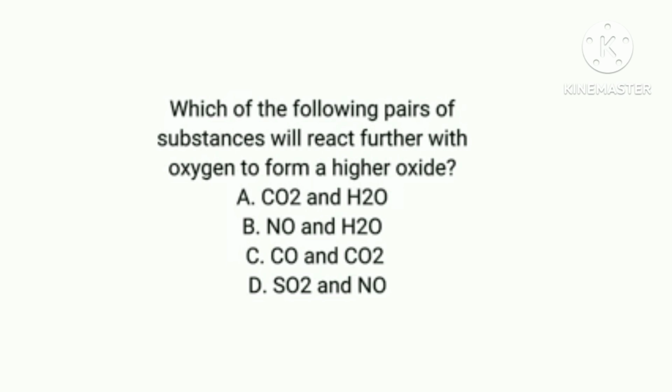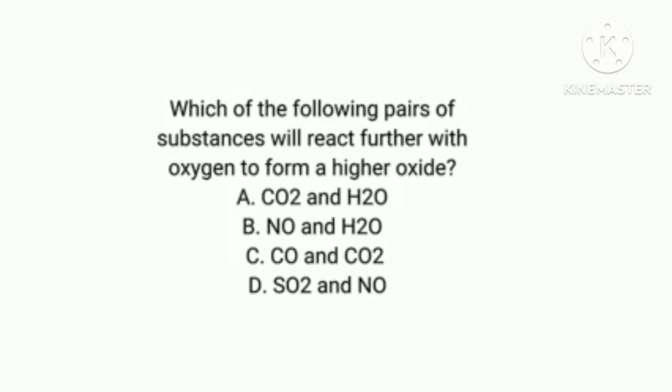So we've marked out carbon 4 oxide and water. Carbon 2 oxide is part. Now, let's look at, I think we have only 2 oxides left in the options, which is nitrogen 2 oxide, NO. Nitrogen 2 oxide will react further with oxygen to give us a higher oxide of what? Nitrogen 4 oxide, NO2.